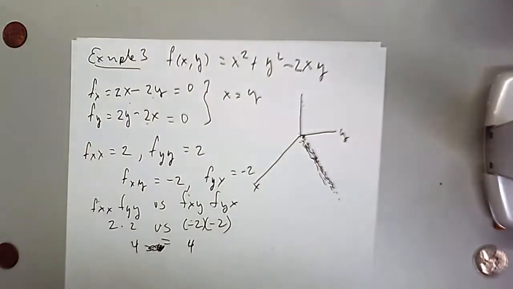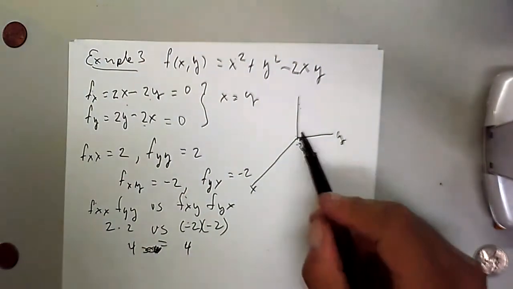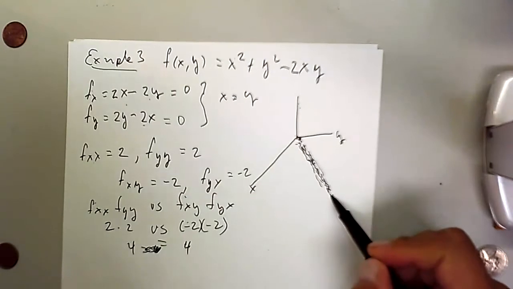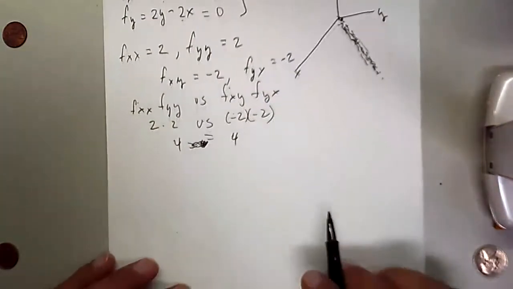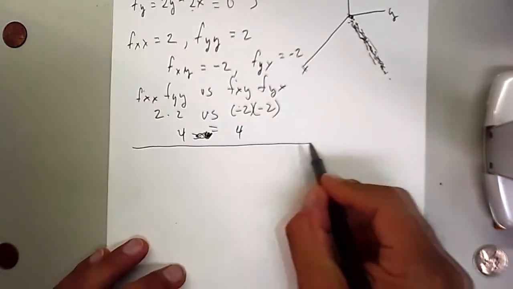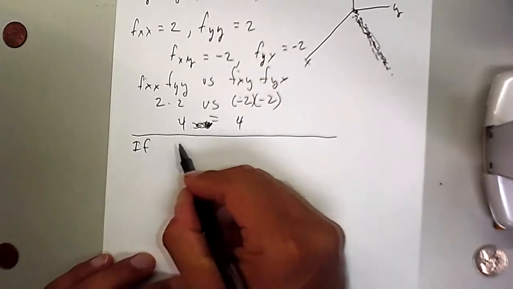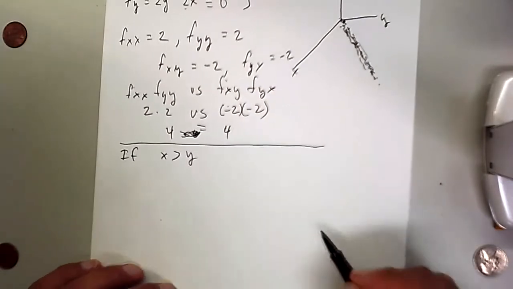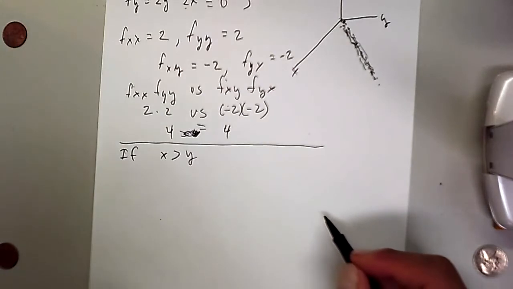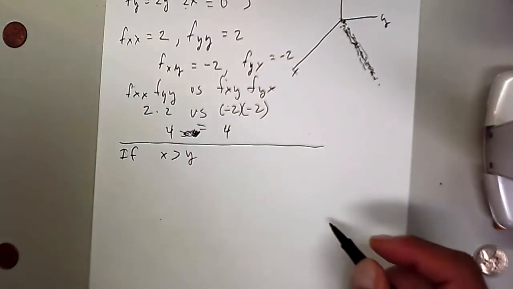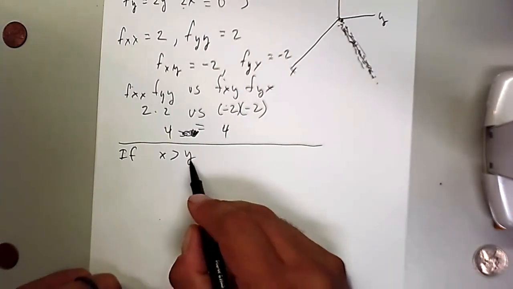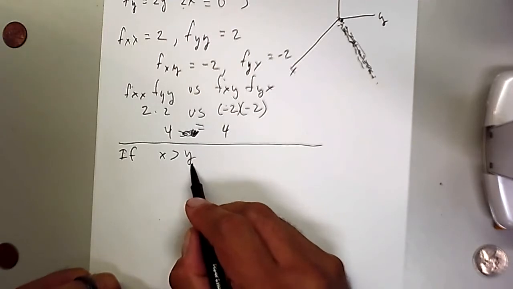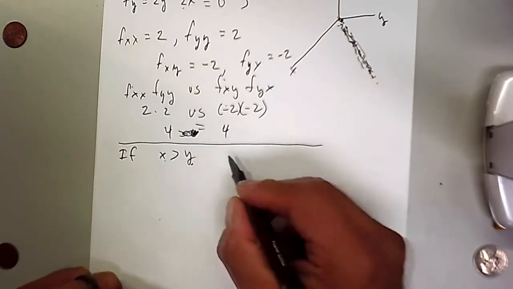So they're not equal. When they're equal, we have this. If x is bigger than y, so let's say, what happens if x is bigger than y? If one is bigger, that means that y has to add something to itself to match x.